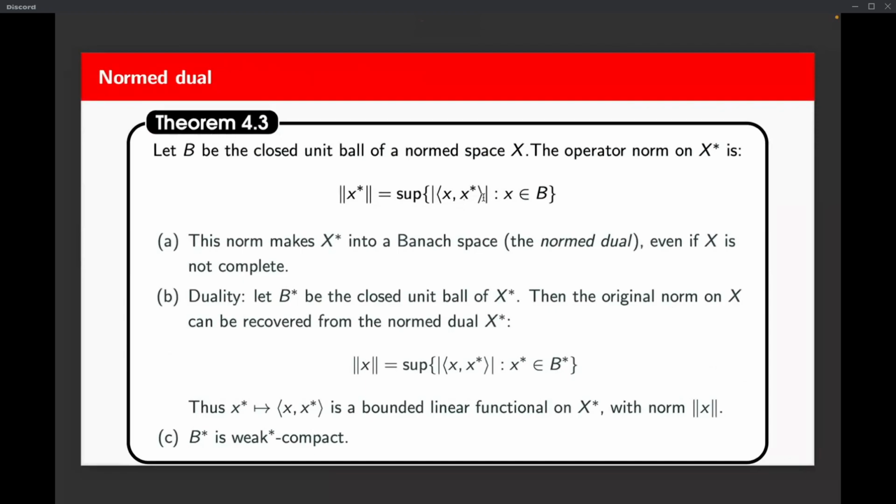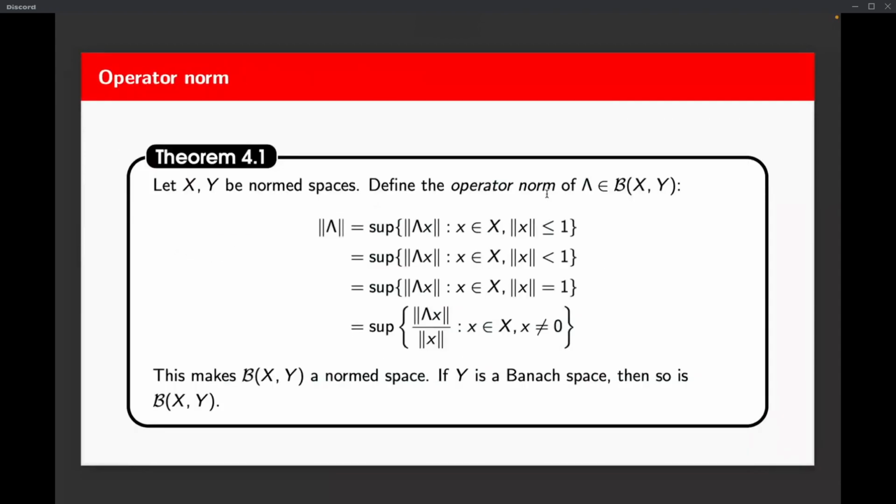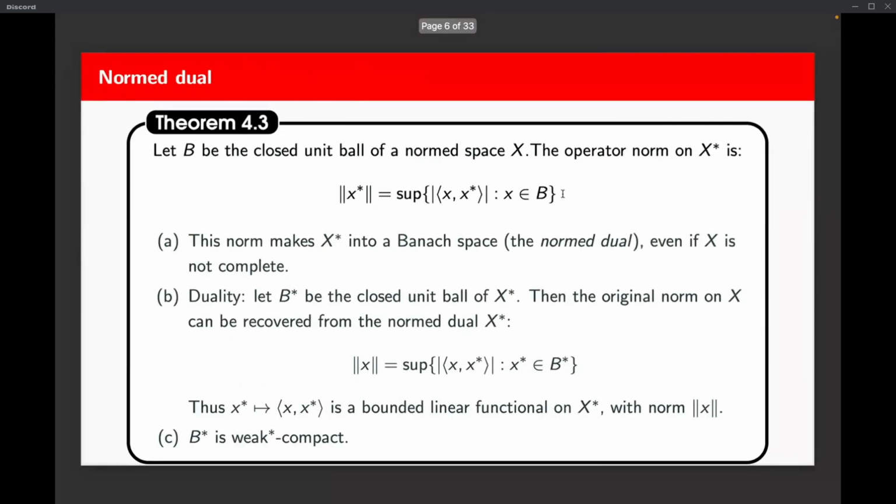And here I'm using the different notation for the function evaluation. So it's just x star evaluated at x. And since we're in the scalar field, these are just normal absolute values instead of a norm notation. And then for all x in the closed unit ball, so that's that first definition for the operator norm. So just restated, but in terms of the new terminology.